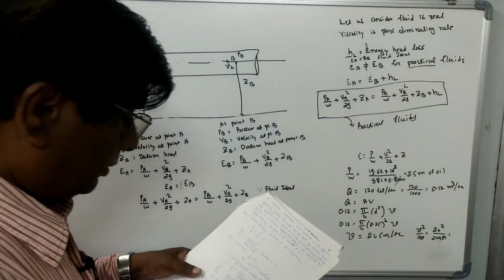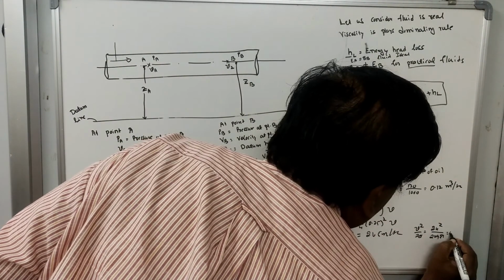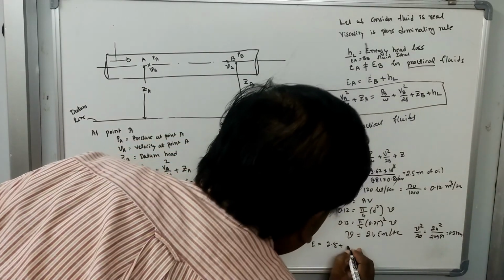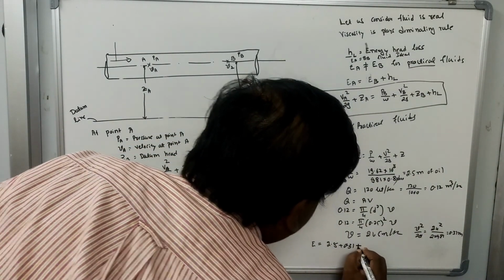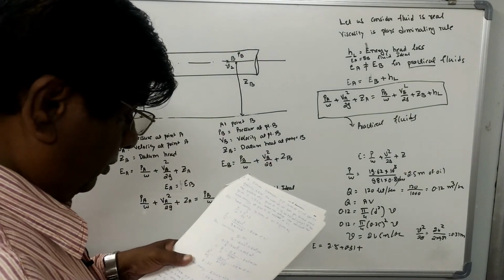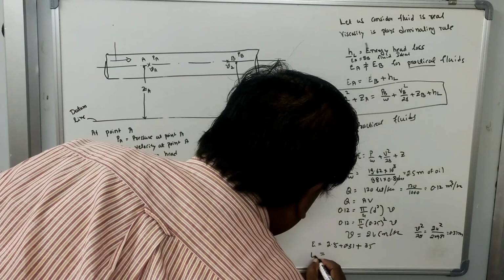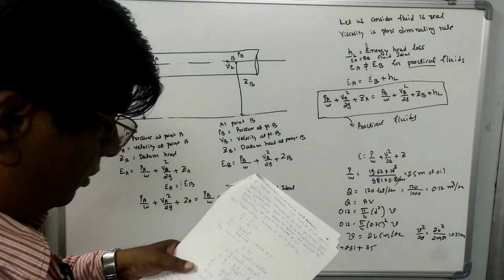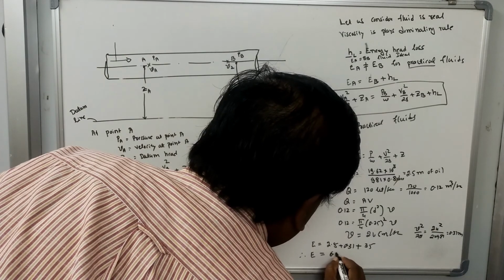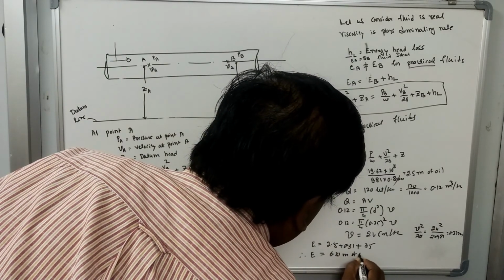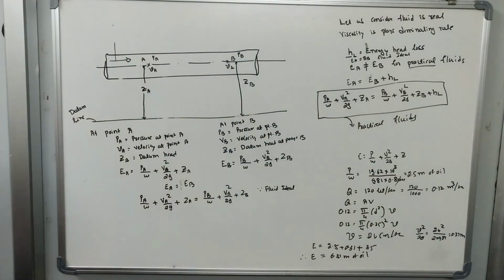So this is equal to 0.31 meter, plus 3.5 meter. Therefore E is equal to 6.31 meter of oil. So 6.31 is the energy head at point A. So like this you have to solve the problem.